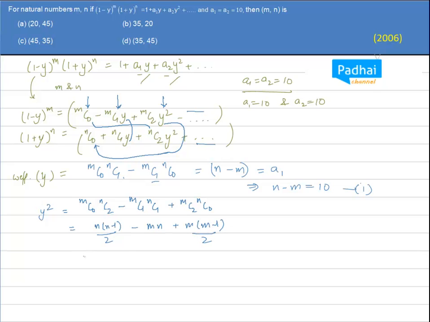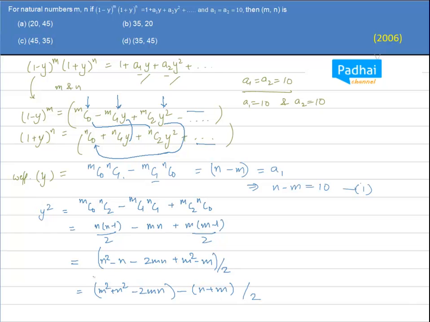So if I solve this, what I'll get, let's see, n square minus n minus 2mn plus m square minus m, this whole by 2. Okay, this is what I'll get. So if I club them up, this will be m square plus n square minus 2mn, minus m plus n, whole upon 2.